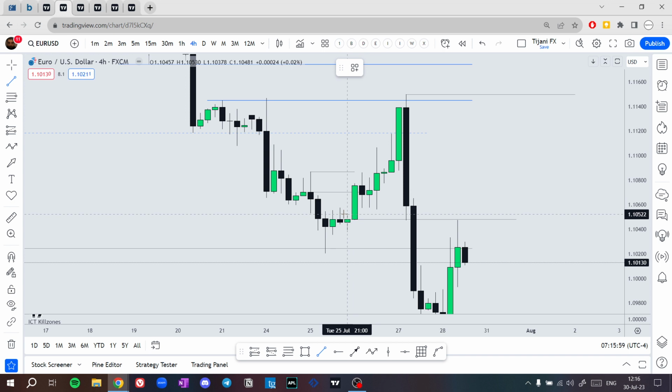Then we look for a confirmation on our EURUSD, our pair to trade, to enter.